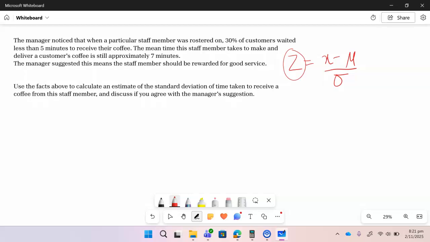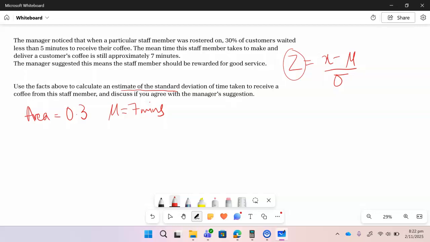So area is probability as a decimal, so 0.3. They waited less than 5 minutes to receive their coffee. The mean time to deliver is still approximately 7 minutes. The manager suggests this means, and we have to calculate an estimate, and then either agree or disagree.